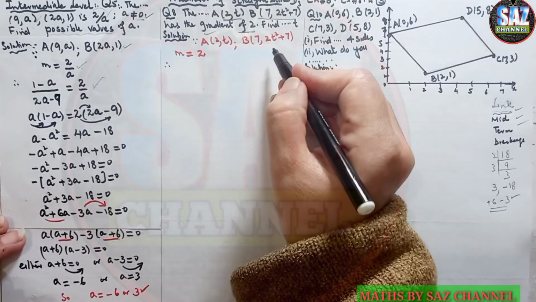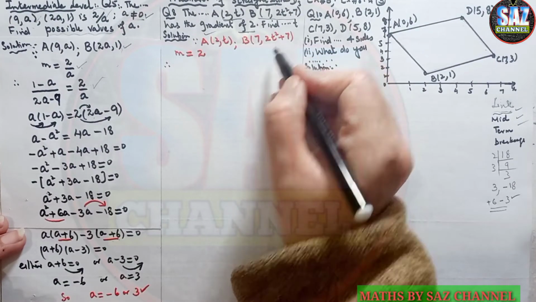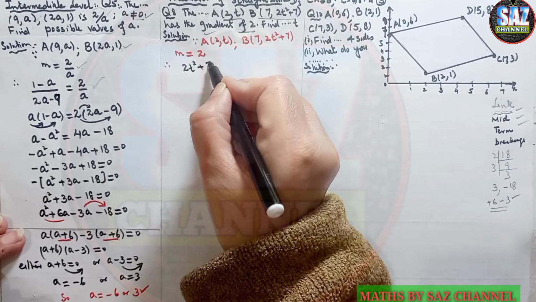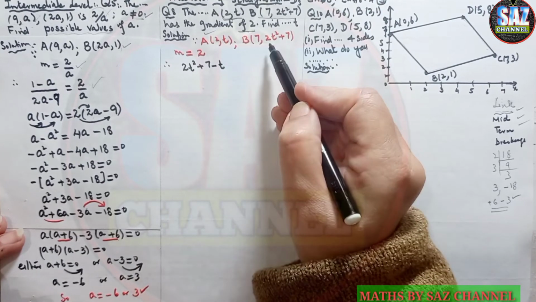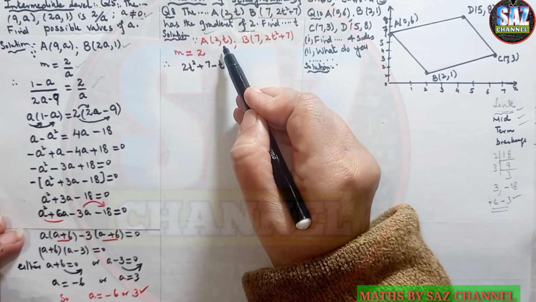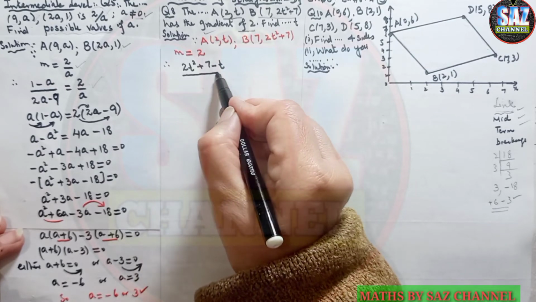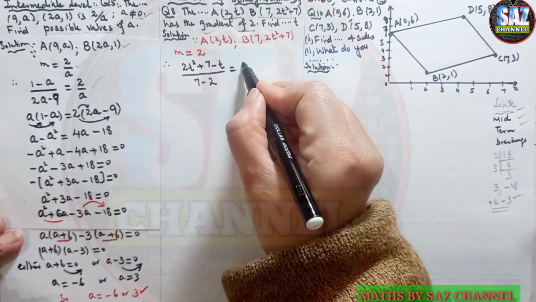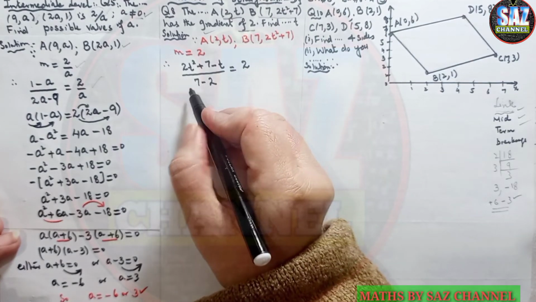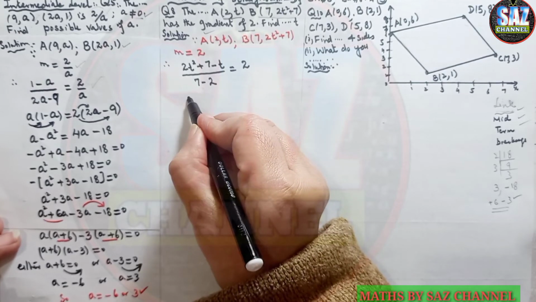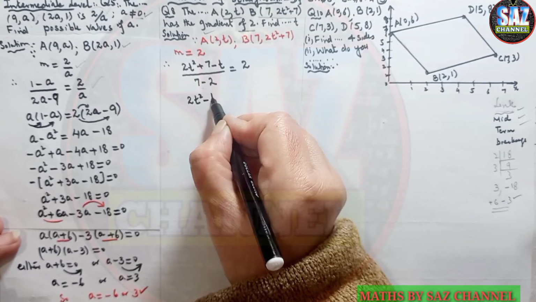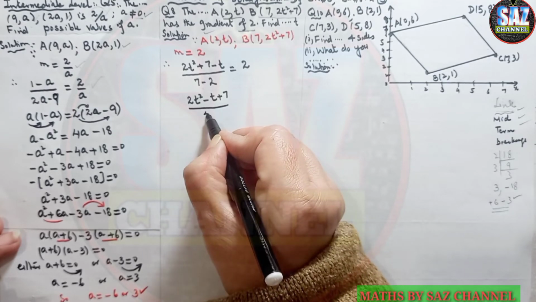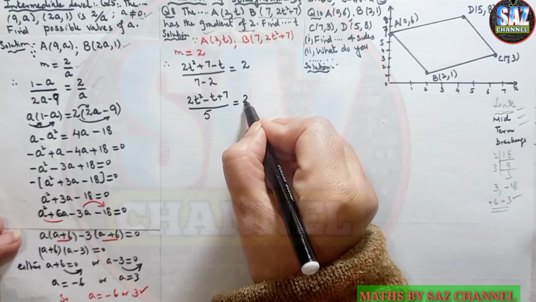So y2 minus y1, this is y2, and this will give me 2t square plus 7 minus t, upon x2 minus x1, 7 minus 2, and this will be equal to 2. Now I will be rearranging my numerator, 2t square minus t plus 7, and I have to solve the denominator as well, upon 5 equals to 2.